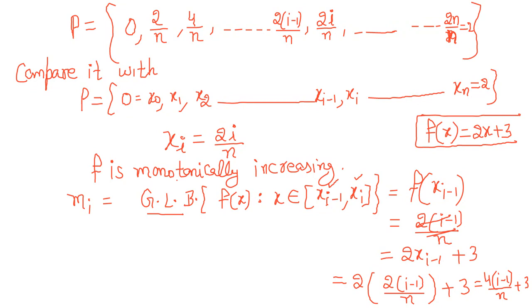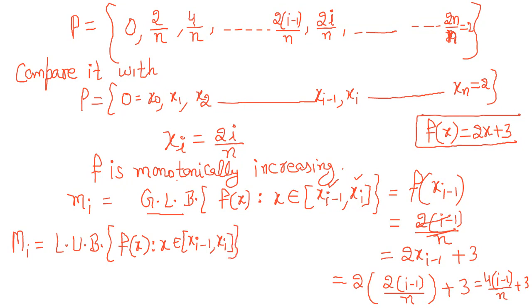Okay, now tell me what is capital Mi. I am asking the question from Harkomal. What is Mi? You will write down the definition. Sir, LUB of f(x) such that x belongs to [x(i minus 1), xi]. Okay, at which point will you find it here? At the upper bound.